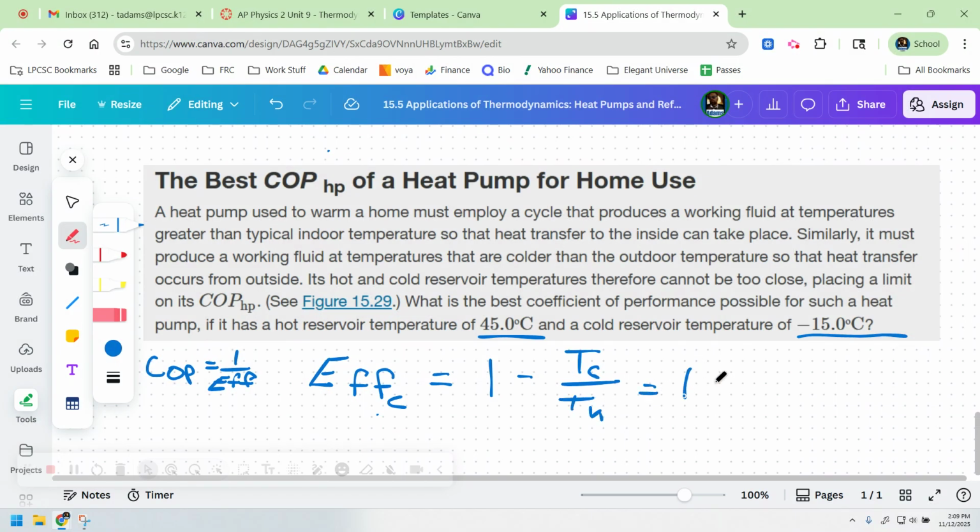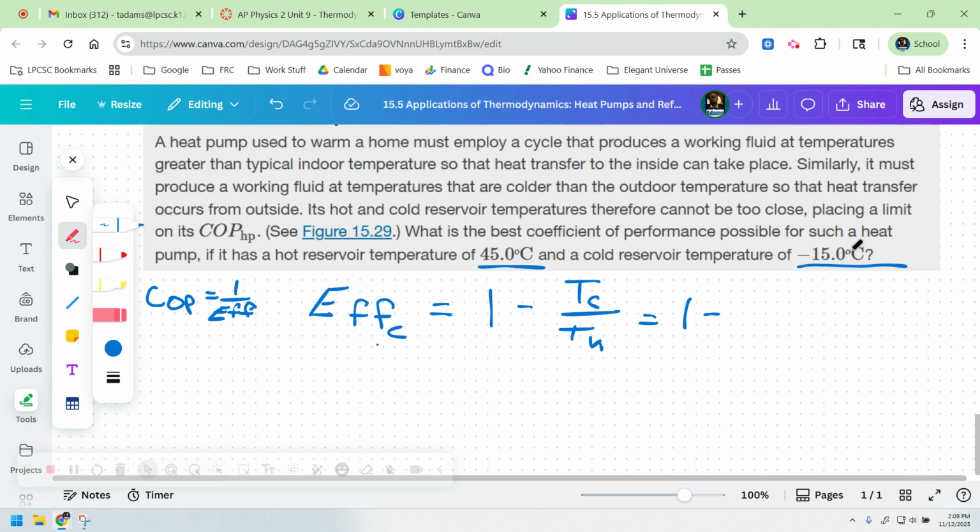So I have 1 minus, and here's the funny thing, you gotta convert this to Kelvin. So TC, if you add 273 to 15, it becomes 288 Kelvin.